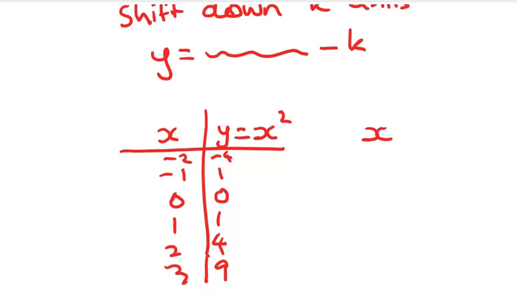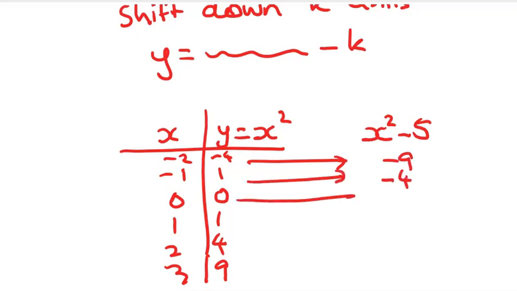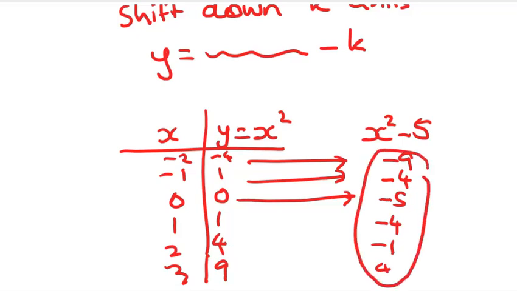Now, if I now do the equation of x squared minus 5, you can see that that y value goes to negative 9, this one goes to negative 4, this one goes to negative 5, and so on. So each of these y values is 5 lower than the old one.